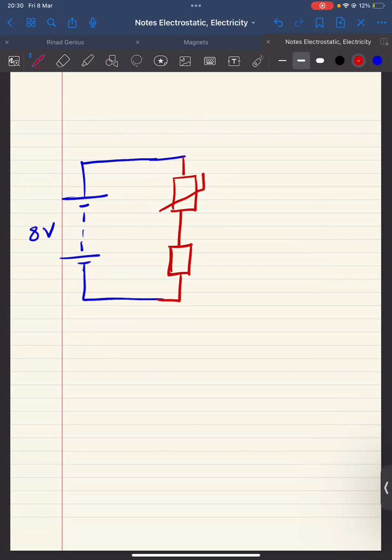Now this time you are not given voltmeters. Let's assume these are 2 bulbs. This is lamp 1, connected in parallel with this guy here. And this is lamp 2, which is connected in parallel with this other guy.